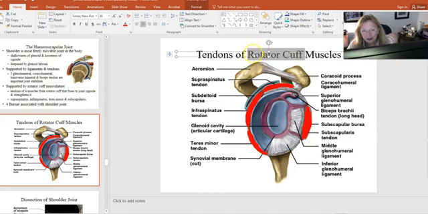What the rotator cuff is actually composed of are those tendons that are attaching the muscles that are needed for all that mobility, and they end up getting torn. So they can actually repair these rotator cuff tendons and help to stabilize the joint so that there's not as much pain.